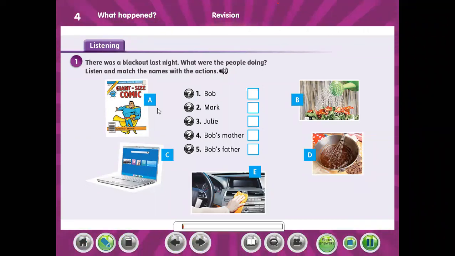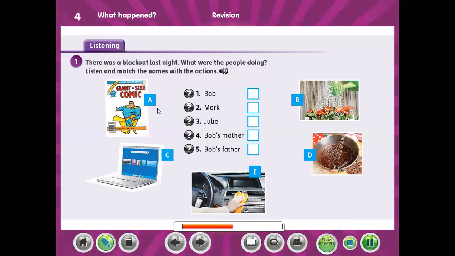Module 4, Revision. 1. There was a blackout last night. What were the people doing? Listen and match the names with the actions. Hi, Bob. How are you? There was a blackout yesterday. What were you doing? Hello, Mrs. White. I was reading a comic book and my brother Mark was surfing the net. He was looking for some information on the internet about a project for school.